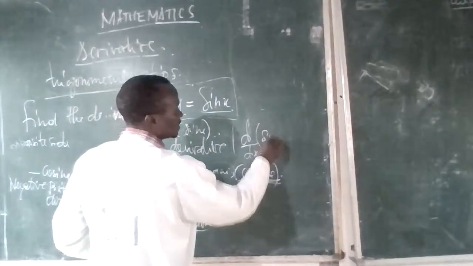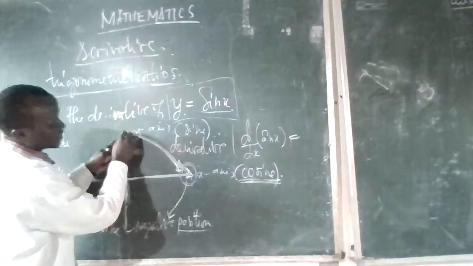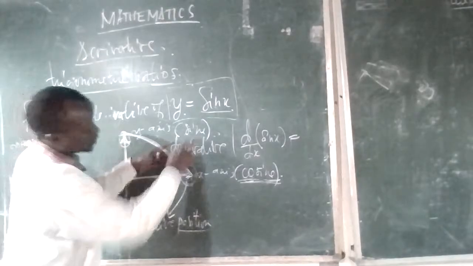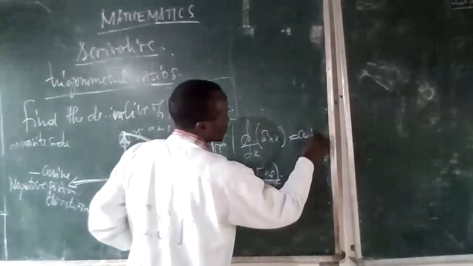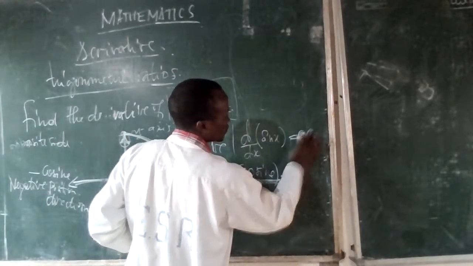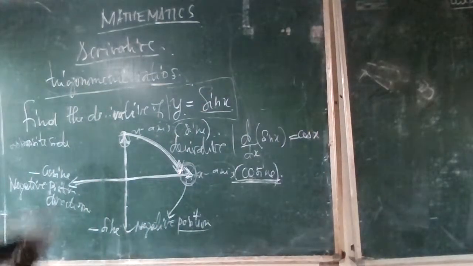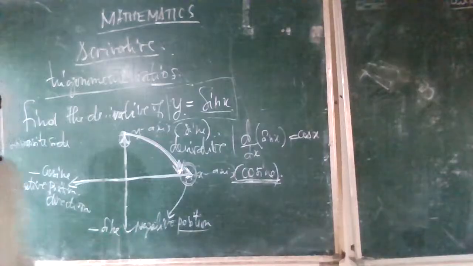The derivative of sine x is equal to, here we have sine, you come down, right? The derivative of sine is equal to cosine x, or cos x. That is what we call a derivative of trigonometric ratios.